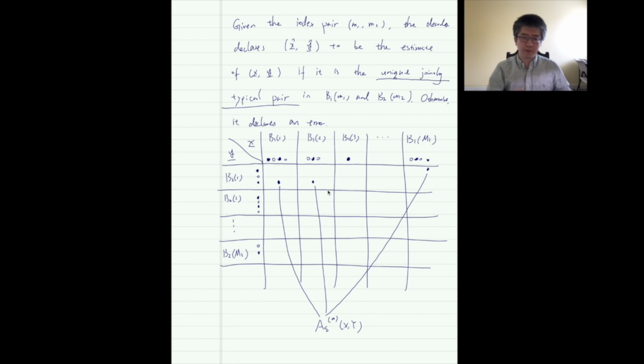Okay, and by the right choice of the number of bins for x and y, we can guarantee that there always exists only one point like this with high probability. So that's basically the idea of random binning.